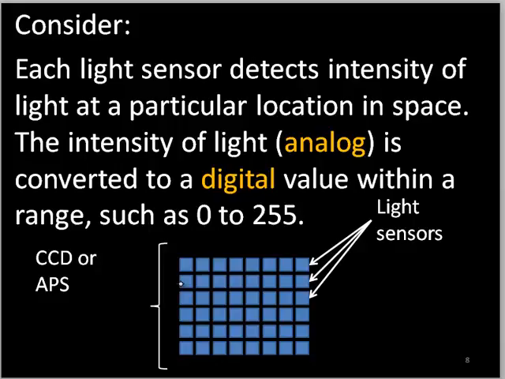Each individual light intensity sensor detects intensity of light at a particular location in space. Then, the intensity of light, which is an analog signal, is converted to a digital value within some range. I gave here as an example a range between 0 and 255. If you recall from the last video, the video on sensors in general, you might recognize that 0 to 255 is the range that you get if you are storing the digital value in 8 bits.